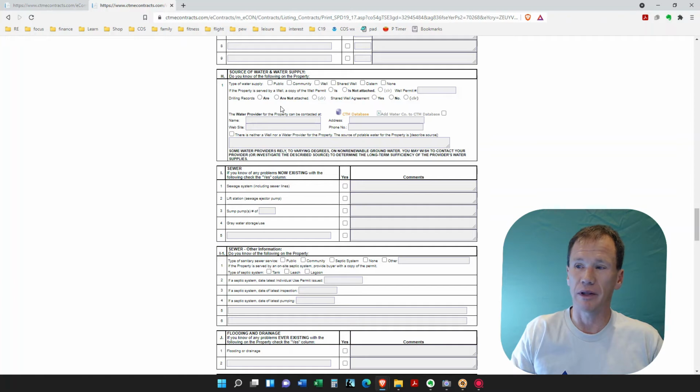Who is the water company? So is it public? That's in Colorado Springs, that'd be Colorado Springs Utilities, Whitefield Water, Cherokee Water. Any of those are going to be public, right? A community might be if you lived in, let's say, a small townhome complex or something, it's got an HOA, and the HOA does all of the water, and you actually pay your water bill to the HOA, right?